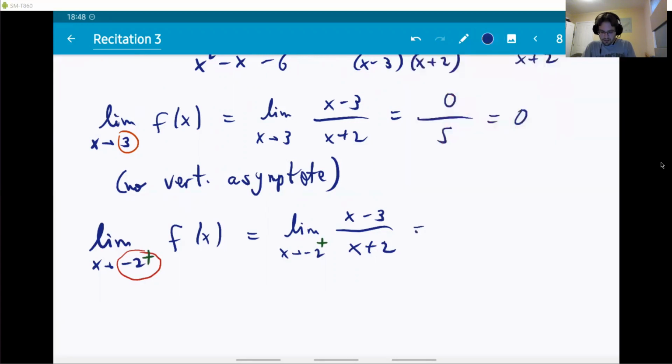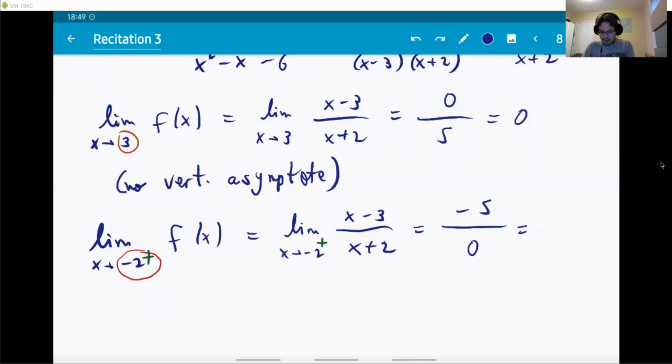That will already be enough for us. What's happening as you're coming towards negative 2 from the right? Upstairs will be a negative 5. Downstairs will be a 0, but it will be a positive number. If x is larger than negative 2, then x plus 2 is larger than 0.